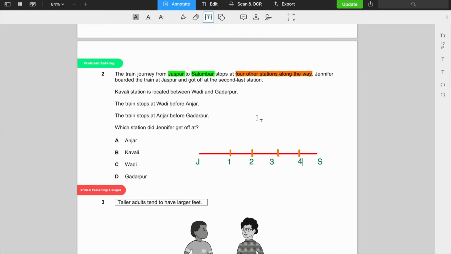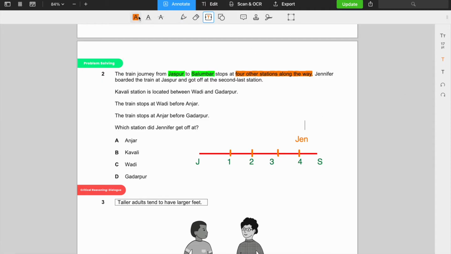Alright, now it says Jennifer boarded the train at Jasper and got off at the second last station. So Jennifer got off at this station, right? Okay, and then it says Cavally station is between Wadi and Gadapul. Now we don't know where Wadi and Gadapul is, but where can Wadi and Gadapul be?